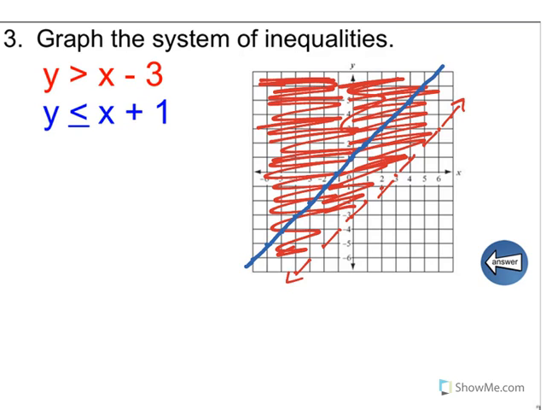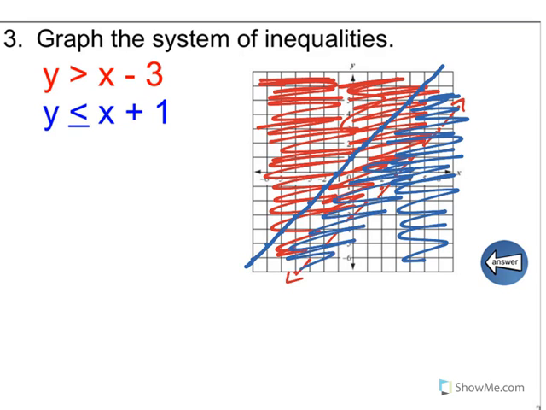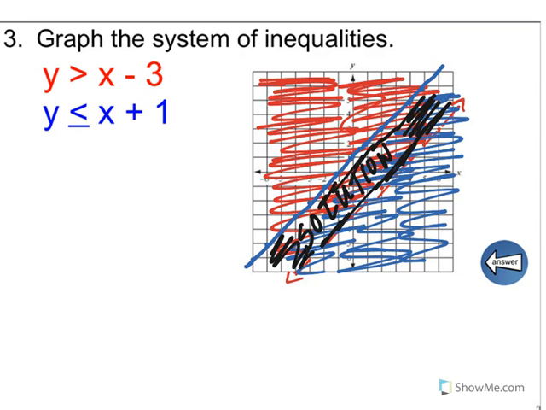So when I'm doing this one, it's going to be everything that's below. And so my solution here is where they overlap. So my solution is going to be everything that is in between the parallel lines.